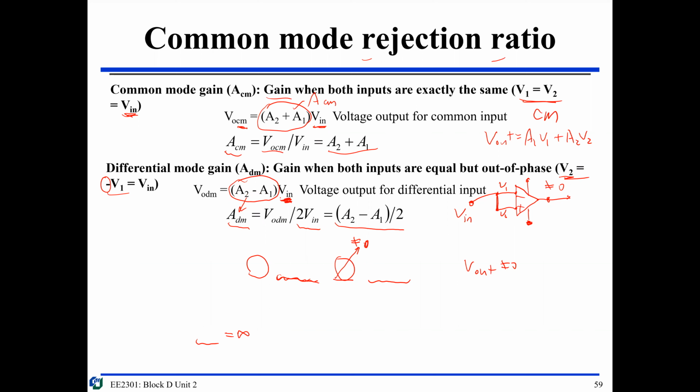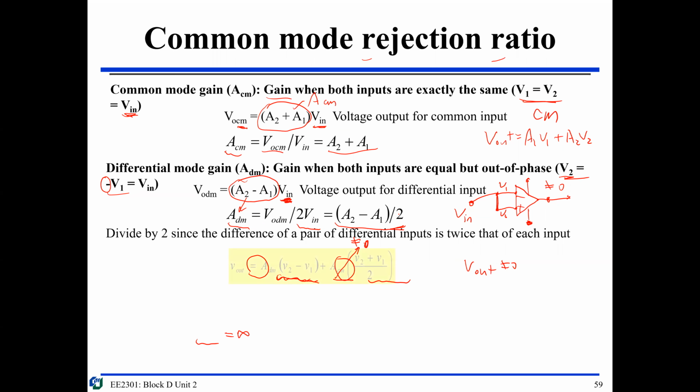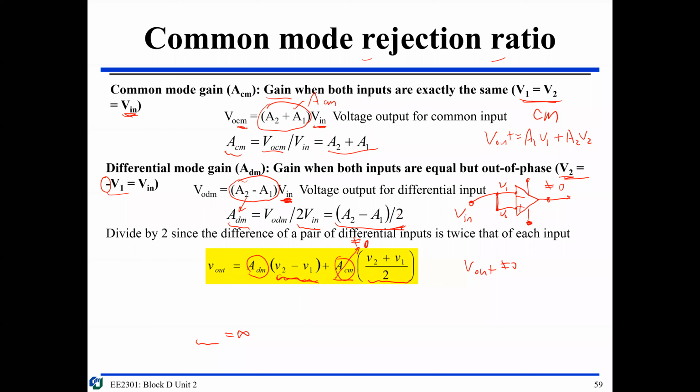Because you have two adding together, you divide by 2 in V in. It is divided by 2 because the difference of the pair of differential inputs is twice each input. So in this way, we can write V out in terms of the difference and the average.